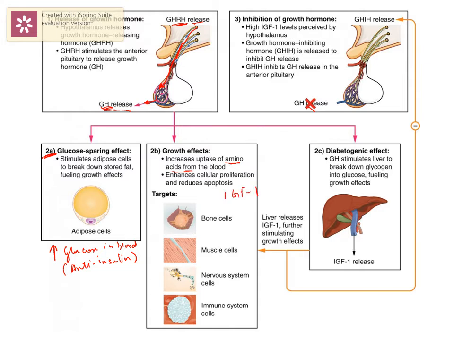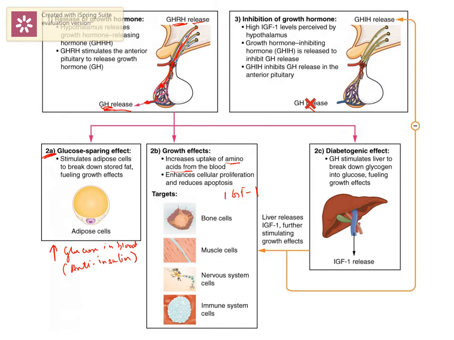This IGF-1 is synthesized or released by the liver. Okay, don't worry about that, but the first function is a glucose sparing effect, so it increases blood glucose, and then it increases the uptake of amino acids from the blood.